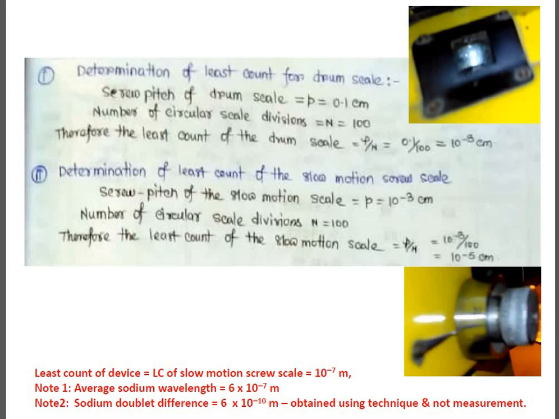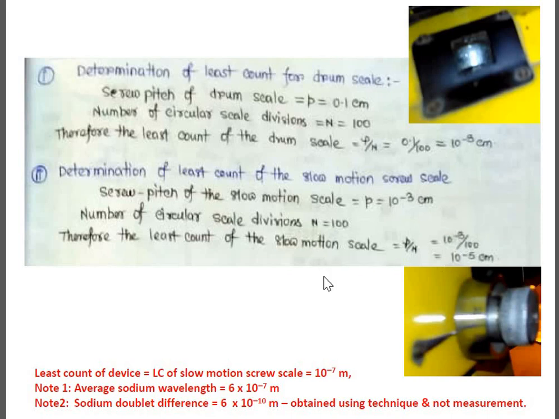Next one is this slow motion screw scale. This is the one which you will be using to shift the fringe, which I have talked about and also showed you as well. Now for this slow motion scale, the screw pitch is 10 to the power minus 3 centimeter or 10 to the power minus 5 meters. Again, there are 100 circular scale divisions.